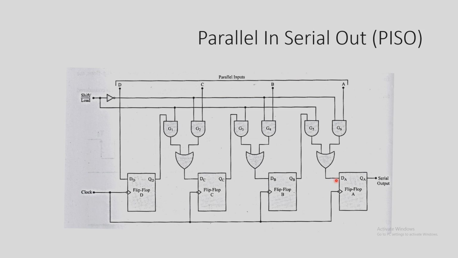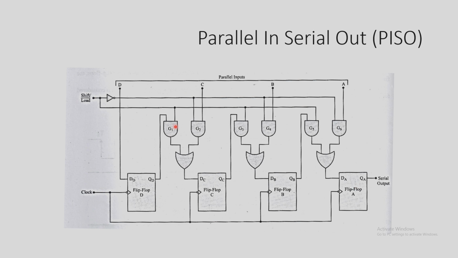So if it is 1, QC will be connected to DB virtually, and similarly QB will be connected to DA virtually. So when this is 1, it works as a serial data shift register. As long as input is being provided, data will be shifting from this to this, this to this, this to this. So it will act as a serial in.